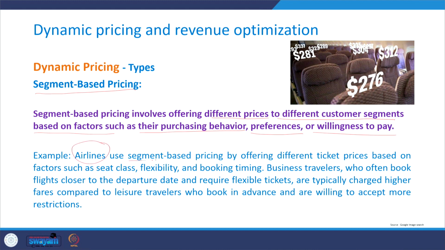Airlines use segment-based pricing by offering different ticket prices based on factors such as seat class, like economy versus business, flexibility, and booking timing. Business travelers, who often book flights closer to the departure date and require flexible tickets, are typically charged higher fares compared to the leisure travelers who book in advance and are willing to accept more restrictions.